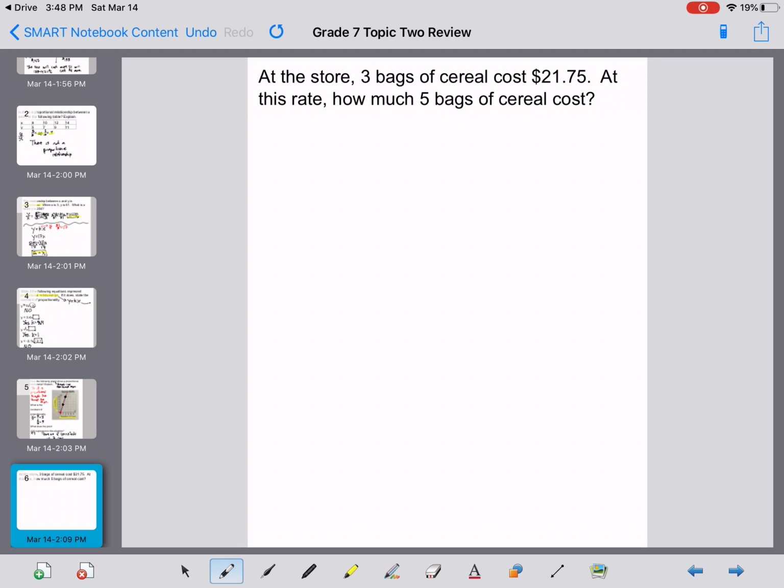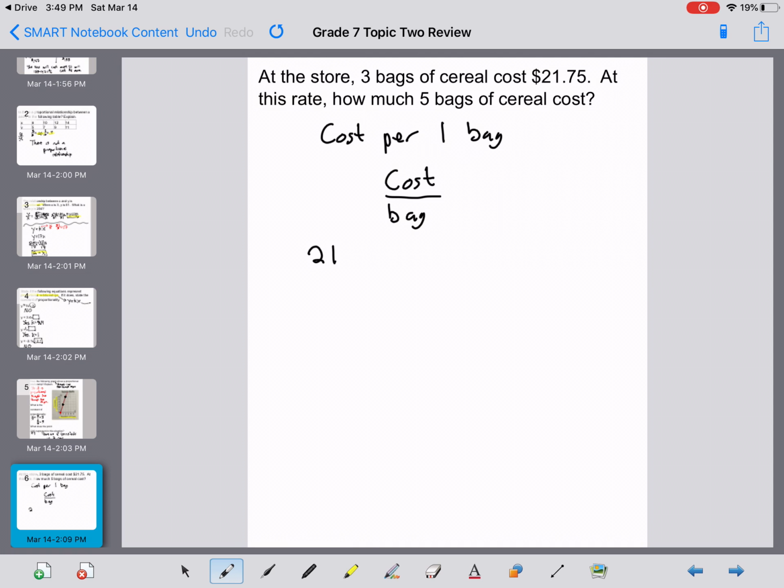So to determine the cost of 5 bags of cereal, I'm going to first determine the cost per 1 bag of cereal. So I'm looking for the cost per 1 bag. When I'm looking for the cost per 1 bag, I need the cost divided by the number of bags.